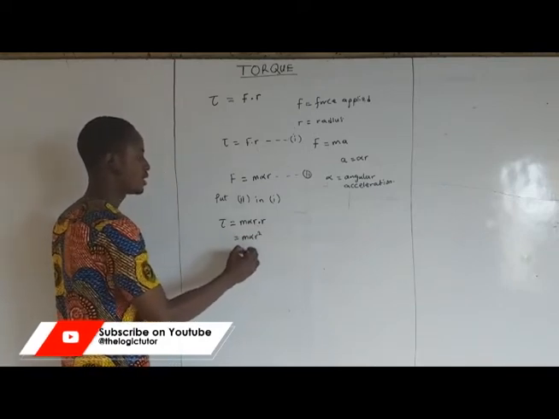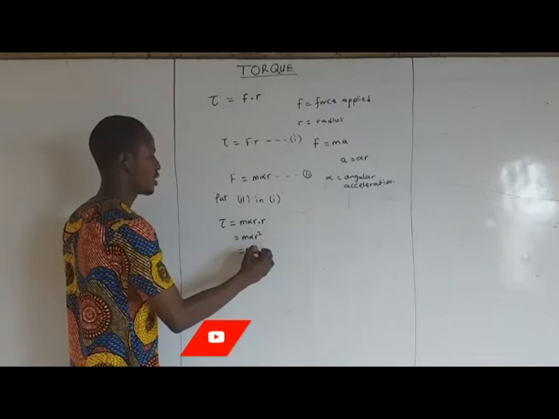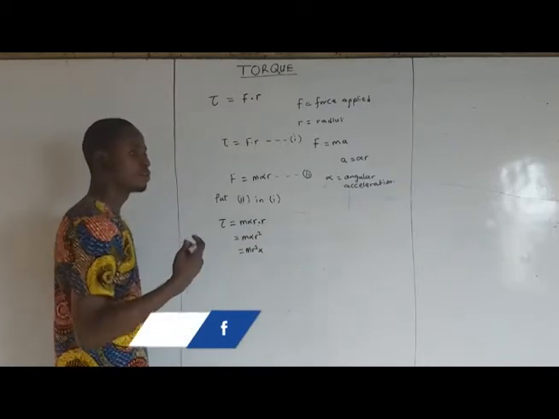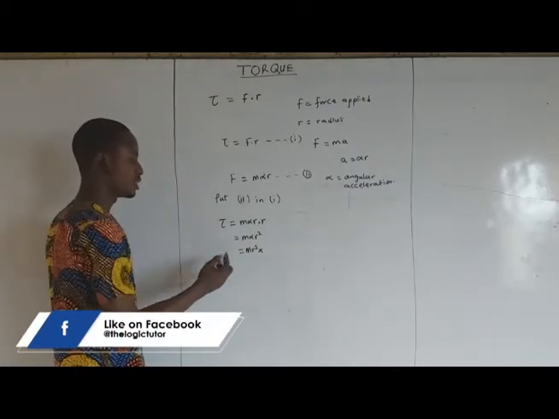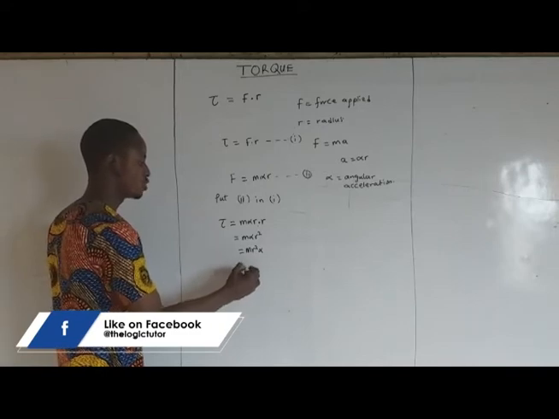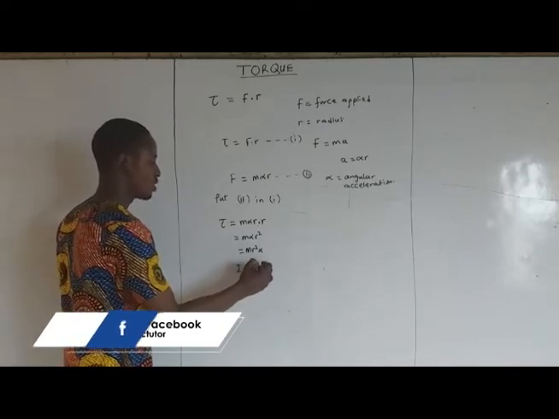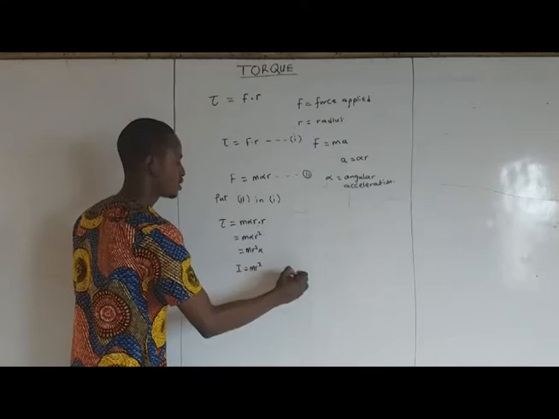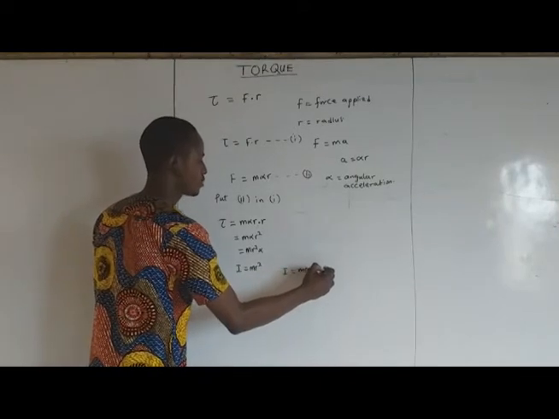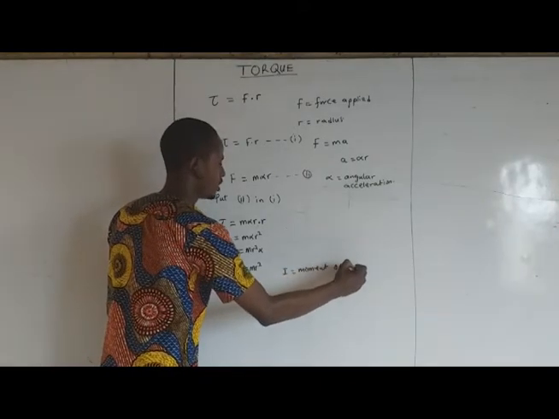So I can equally write it as m r squared alpha. Don't forget, from our previous video we said I, which is the moment of inertia, is equal to m r squared.